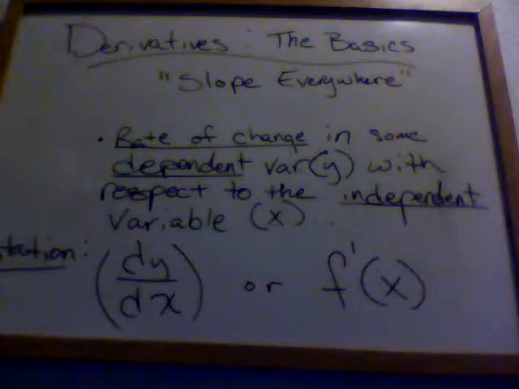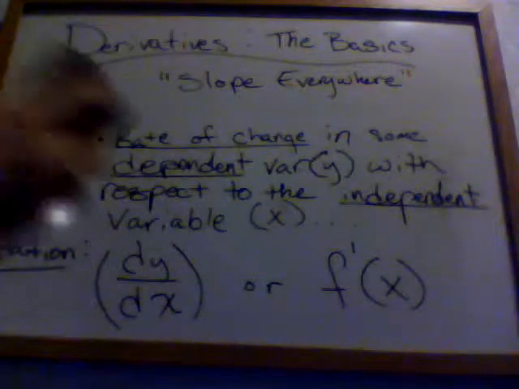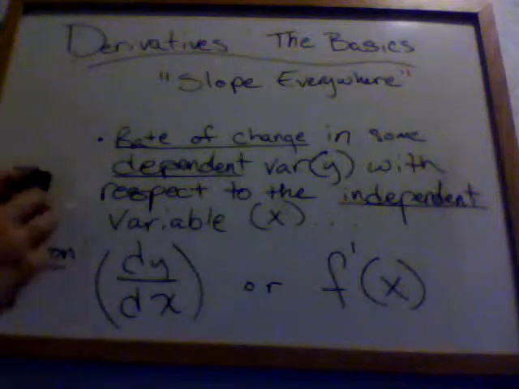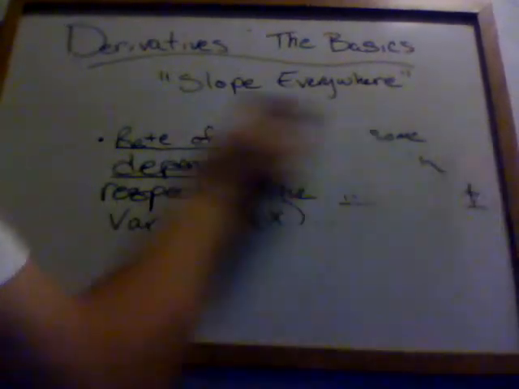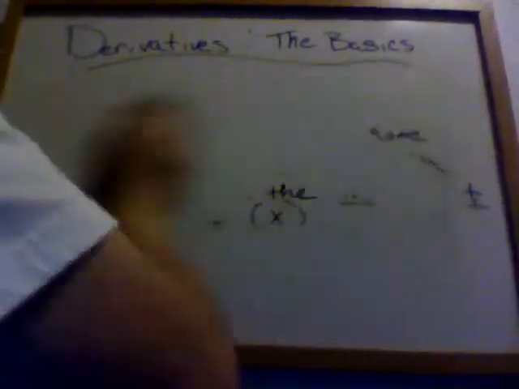I usually use f of x for my function, so this is just the next logical step. So to understand this whole idea of slope everywhere and this complicated definition that I rambled about, let's take a look at exactly what is slope. Not just in calculus, but let's go all the way back and talk about slope in terms of algebra.